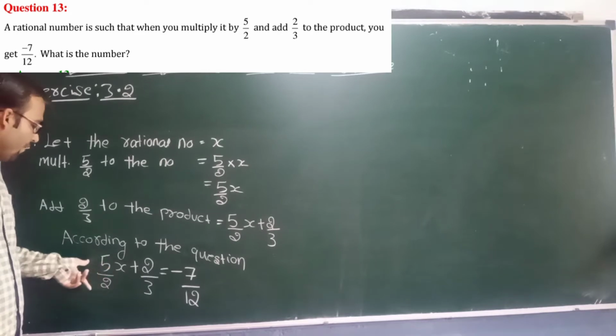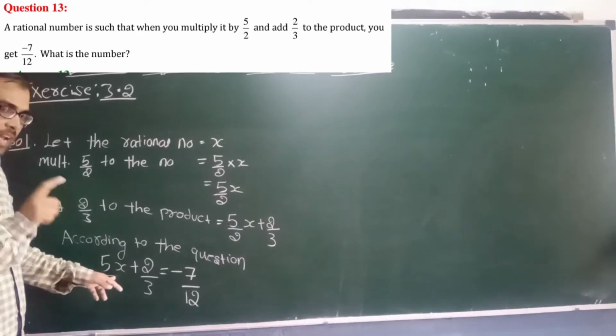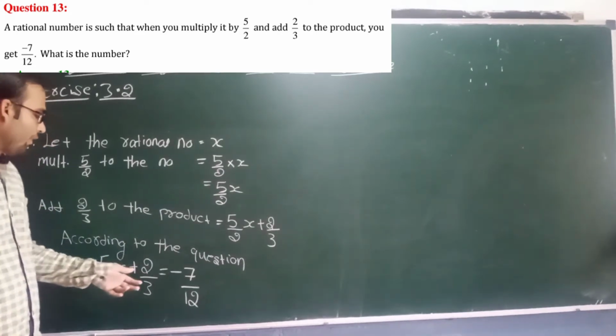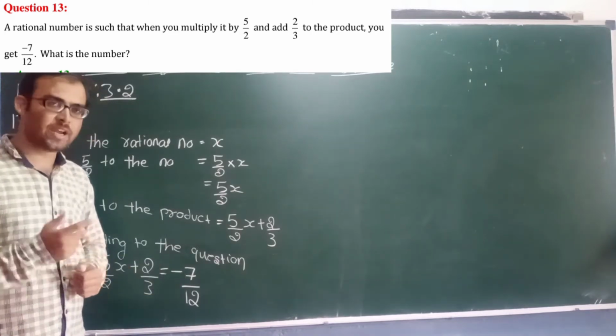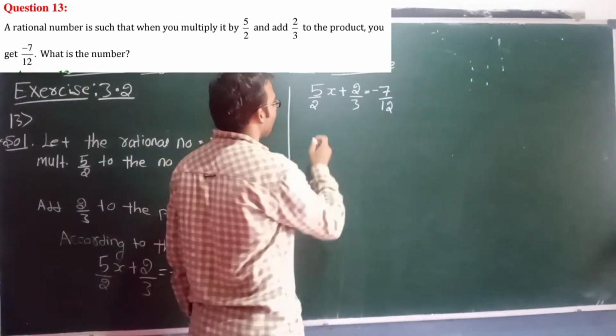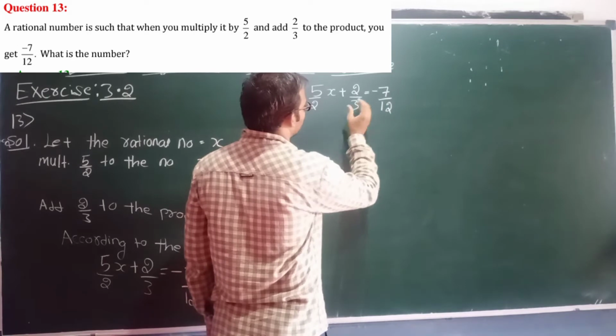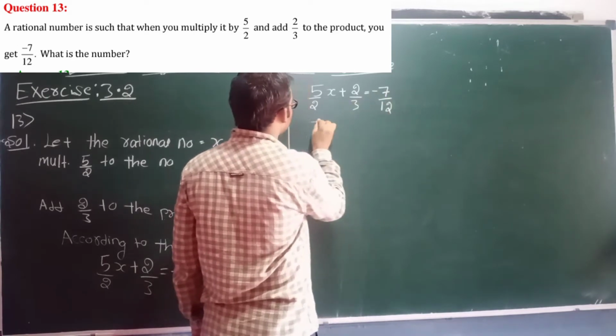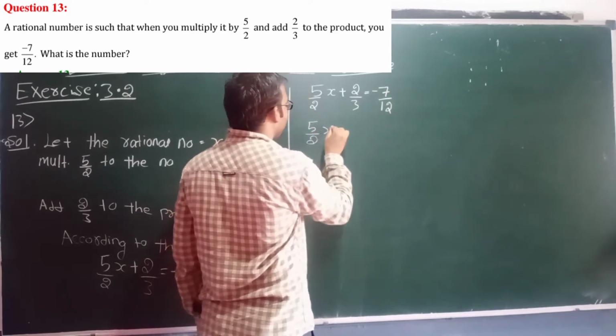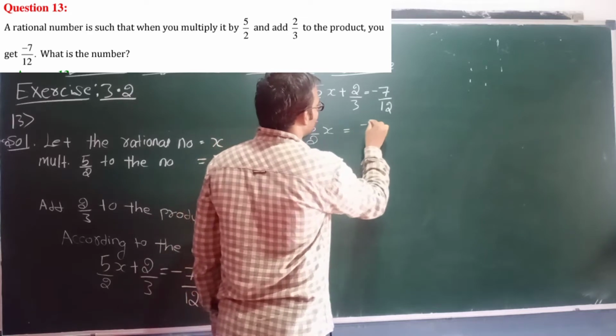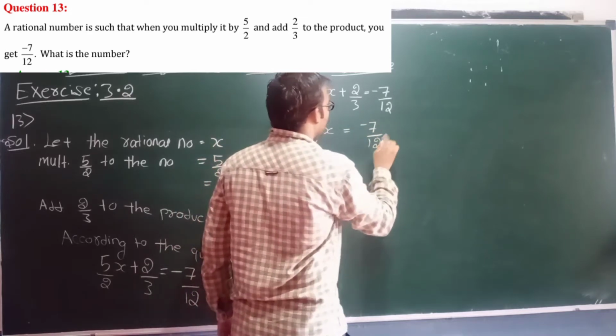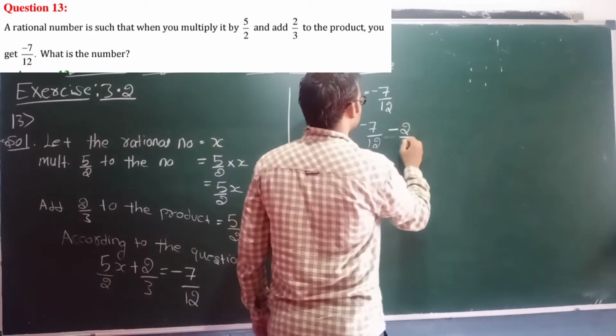When we multiply 5 by 2 to the number and when we add 2 by 3 to the product, what we need to get? We need to get minus 7 by 12. So we have taken this once again. Okay, so now transpose this plus 2 by 3 that side. So it will be 5 by 2x equals minus 7 by 12 minus 2 by 3.